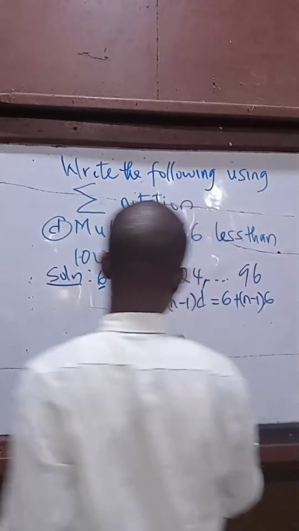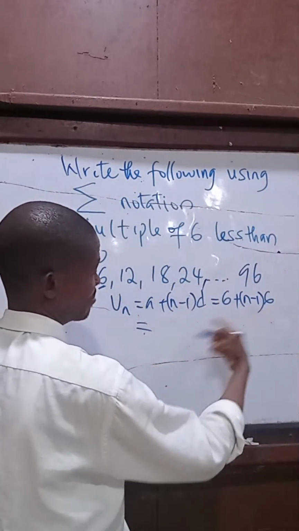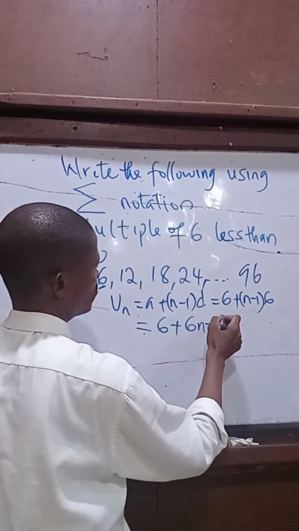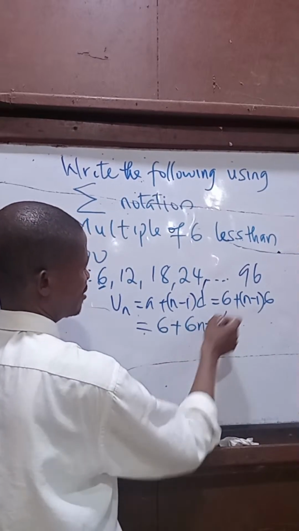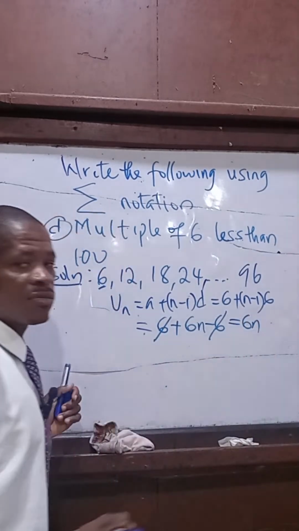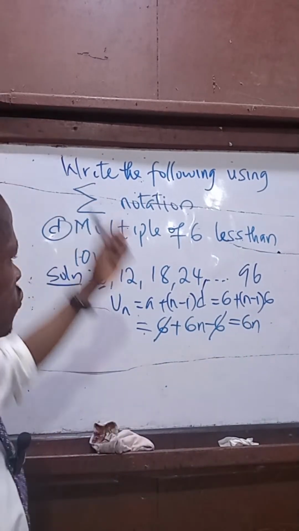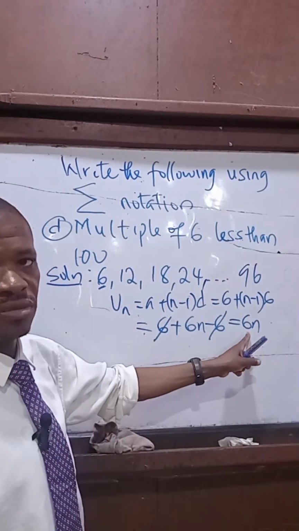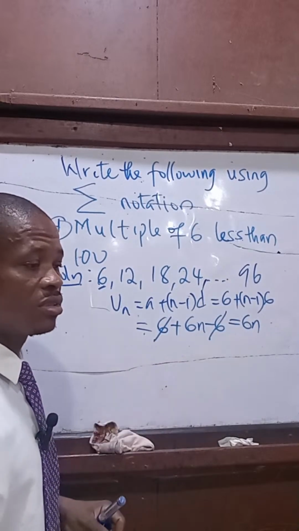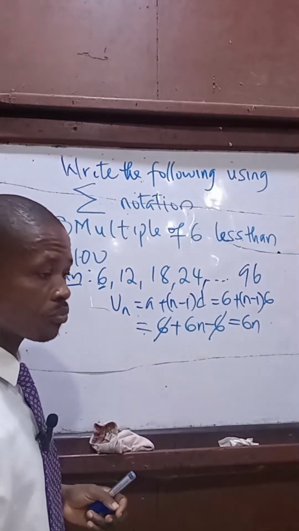So if you open the brackets and do your expansion, we're going to have 6 plus 6n minus 6. This one and this one cancel, so we have 6n. The next thing to do now is to find the number of terms in that sequence.